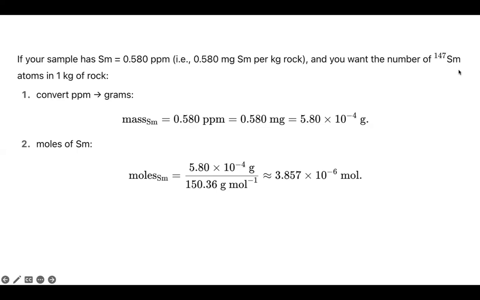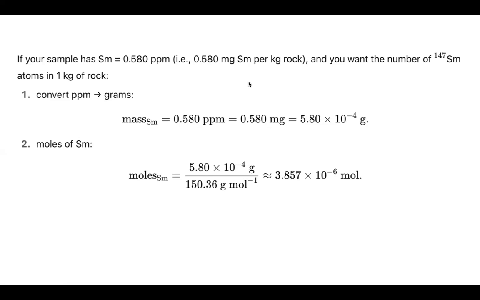We don't know how much 147 samarium is there, because you are given only the overall concentration, and you have multiple isotopes for samarium, with different abundances. So you need to know exactly how much 147 samarium is there.